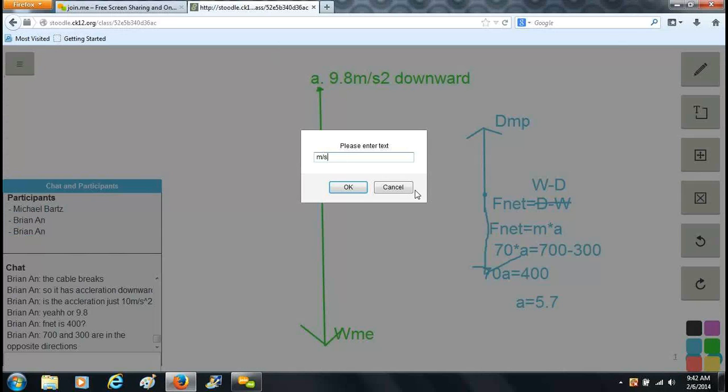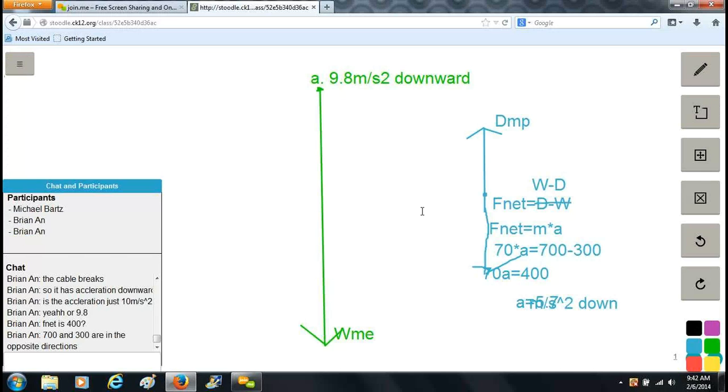Meters per second squared downward. But I don't know that I would say negative, Jessica, because negative is helpful in the calculation, but it's not helpful in explaining which direction the acceleration is. Okay, I got it.